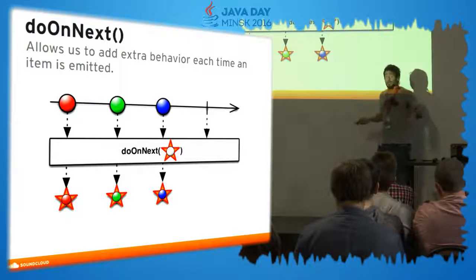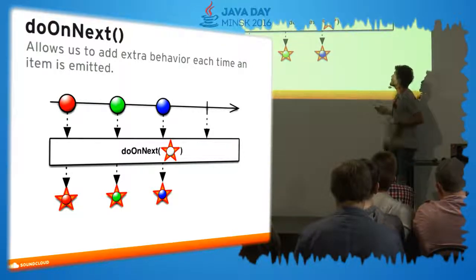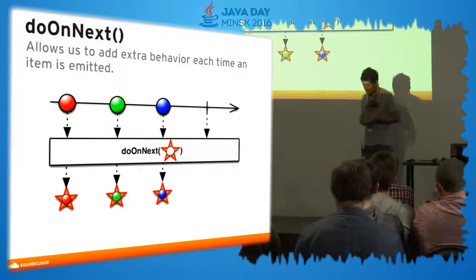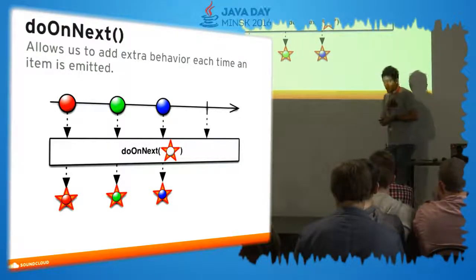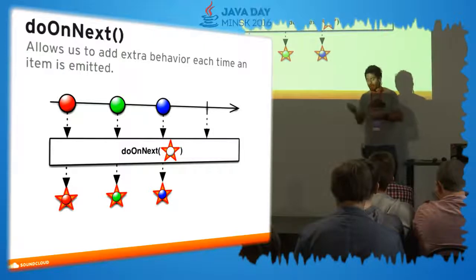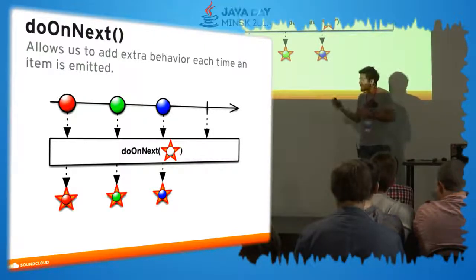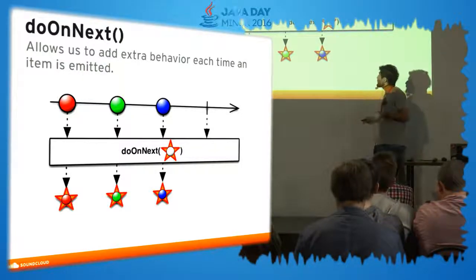For example, we could cache it. We will see this in code afterwards. I received this user, I'm going to cache it, or I'm going to log something. There's no side effect on the data flow, but it's really, really useful.